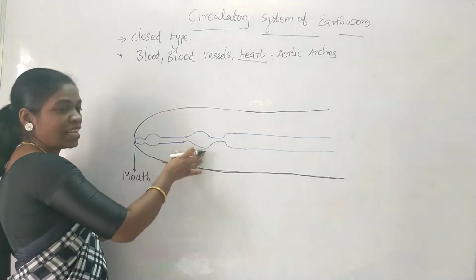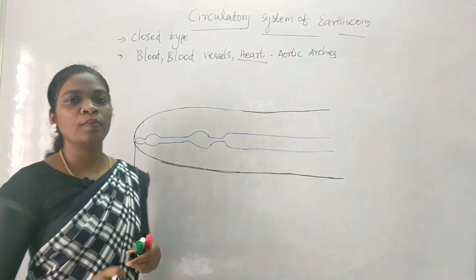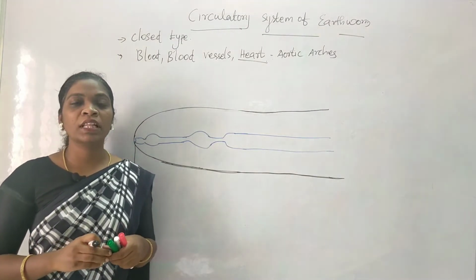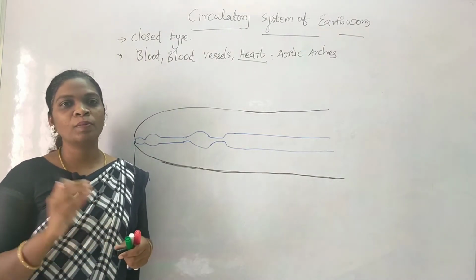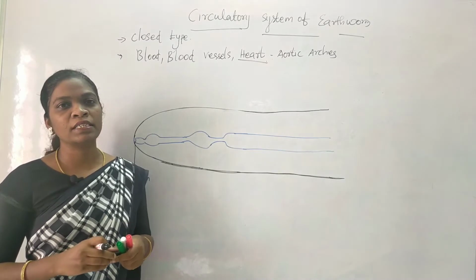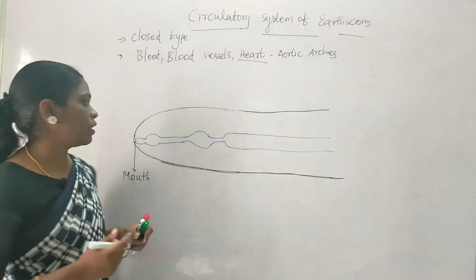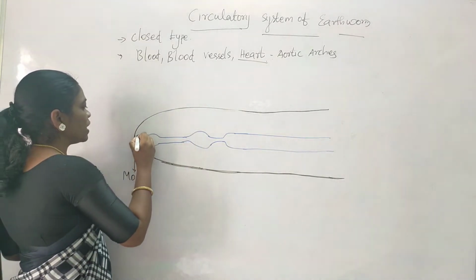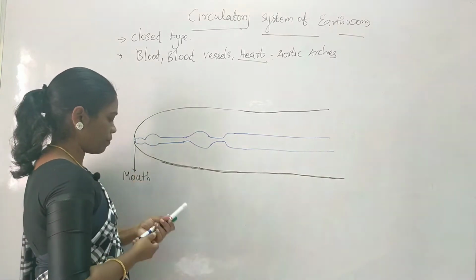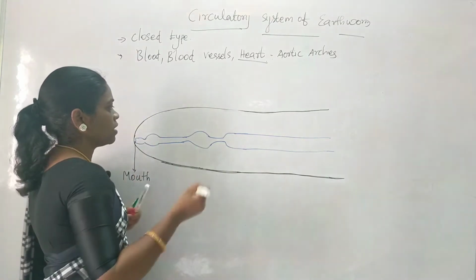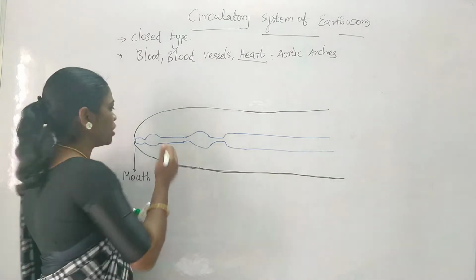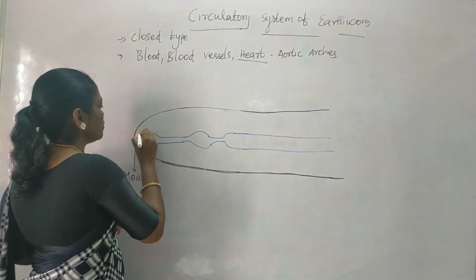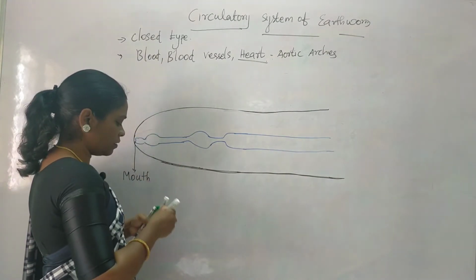Here there are two major blood vessels known as dorsal blood vessel and ventral blood vessel. They are the major blood vessels which supply the blood to all the internal organs of earthworm. We will go one by one. The dorsal blood vessel starts from here, which runs above the alimentary canal.